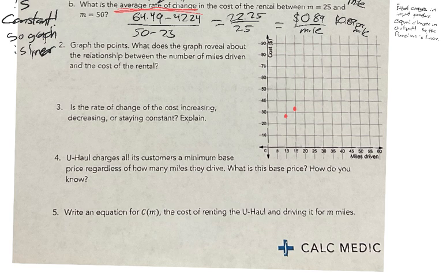That's 20, Cody. At 40, we should be just above 55. And at 50, we should be at 64.50.